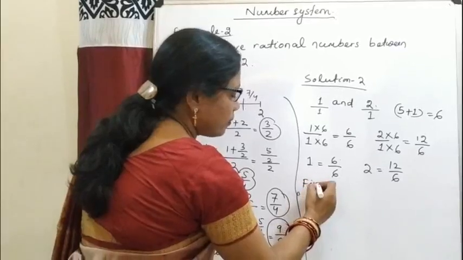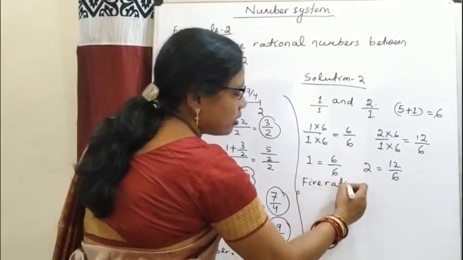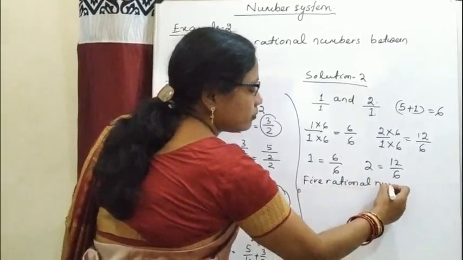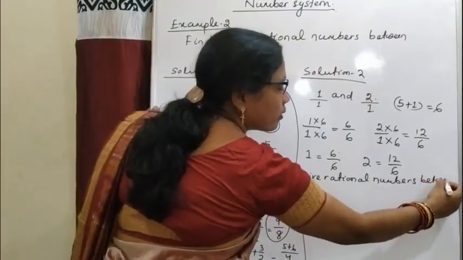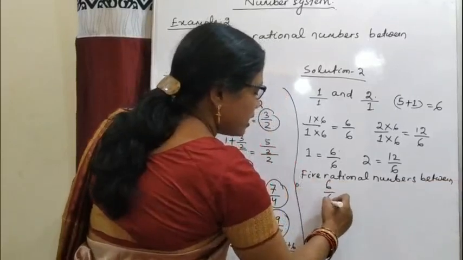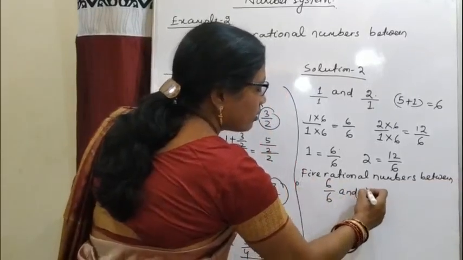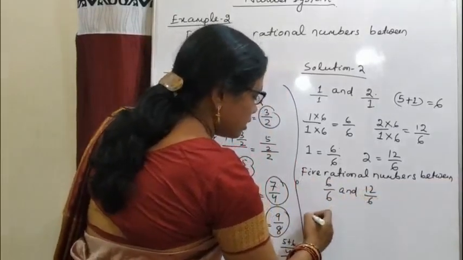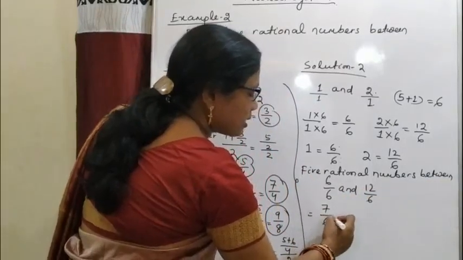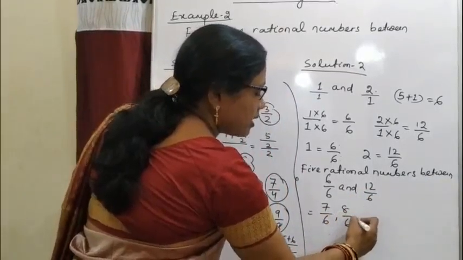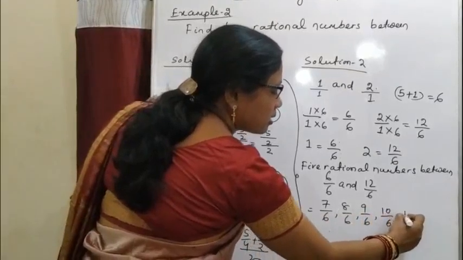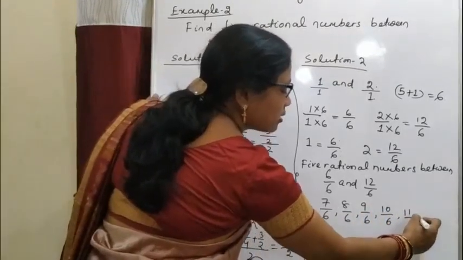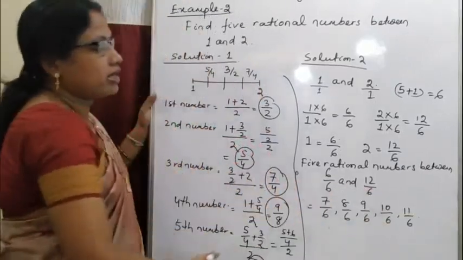So the 5 rational numbers between 6 by 6 and 12 by 6 are 7 by 6, 8 by 6, 9 by 6, 10 by 6, 11 by 6. So these are the 5 rational numbers.